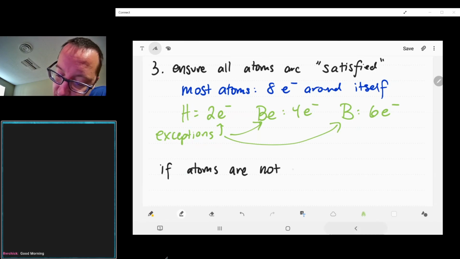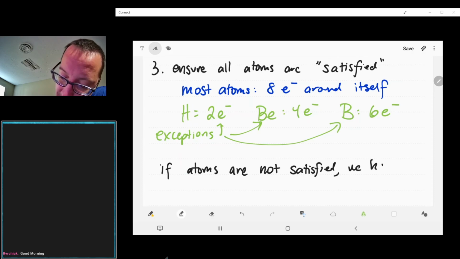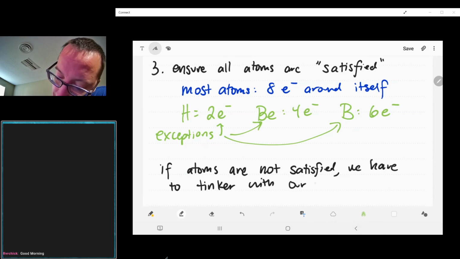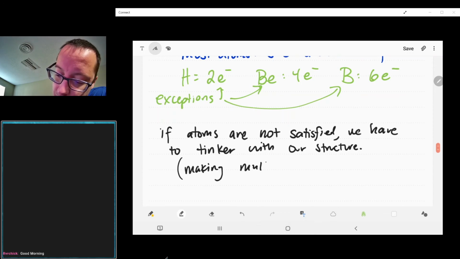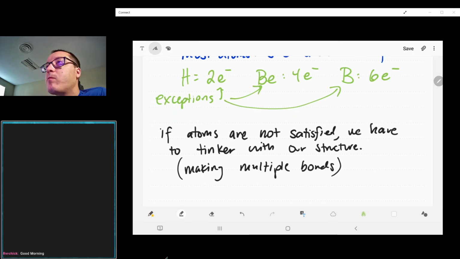If atoms are not satisfied, we have to tinker with our structure. And that can mean, for example, making multiple bonds, or moving electrons around. But we'll look at that in a little bit. So let's do a couple of easier examples first.